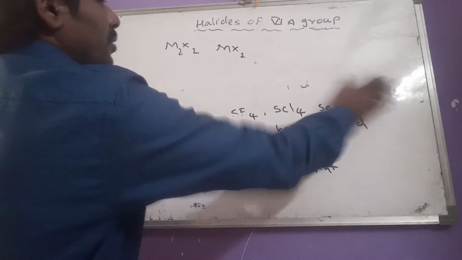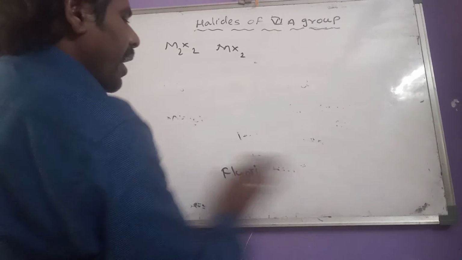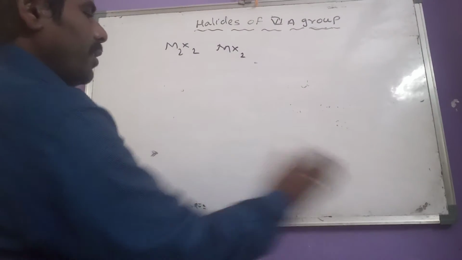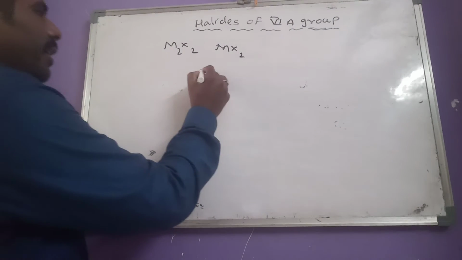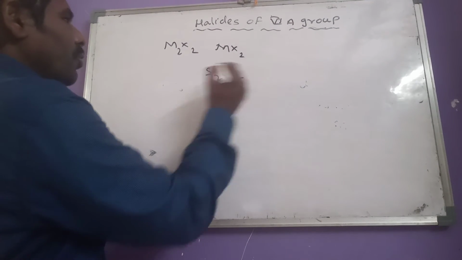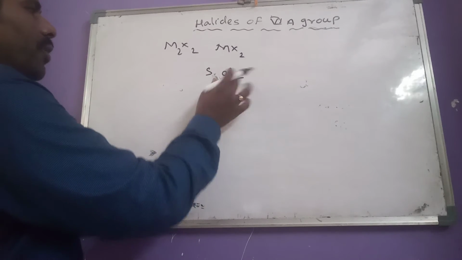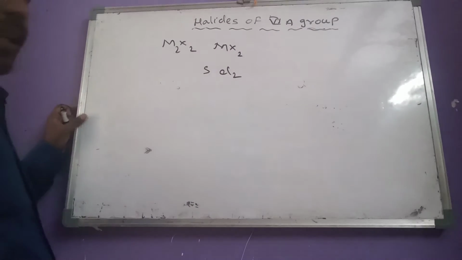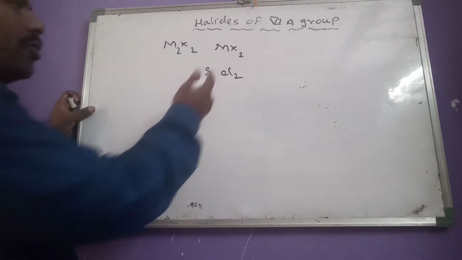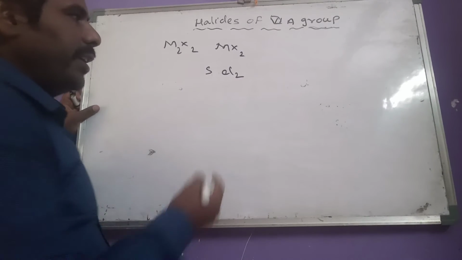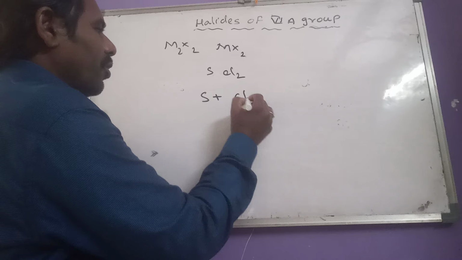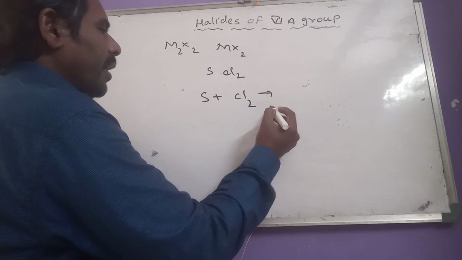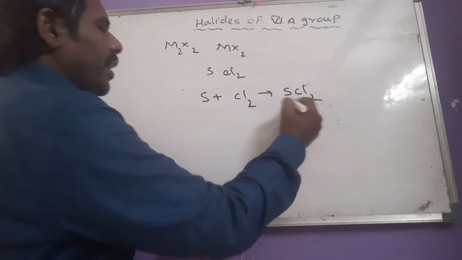Now let us go for dihalides. One of the dihalides examples is SCl2. SCl2 means sulfur dichloride. So how to prepare this one? See here. When sulfur is treated with chlorine, we get SCl2.